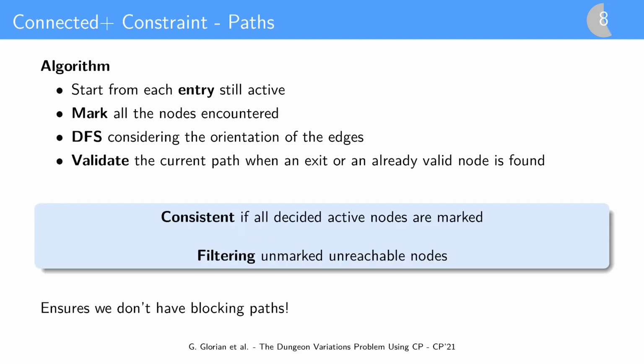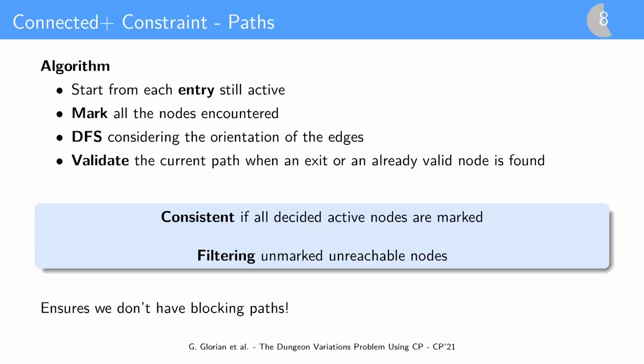The second part of the constraint, used to ensure the playability of the dungeon, uses a similar algorithm. The main differences are the starting points and that we now consider the orientation of the edges. Indeed, we go through the graph from each entry still active and we mark the nodes encountered.